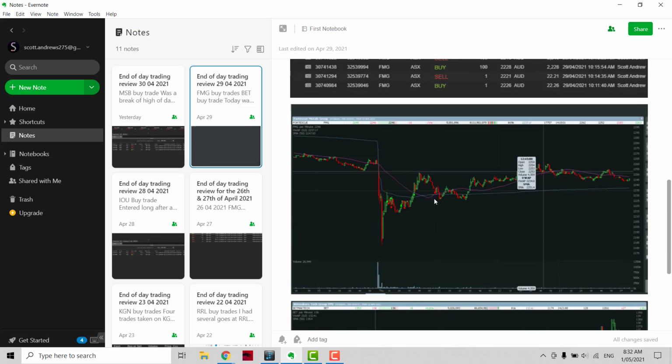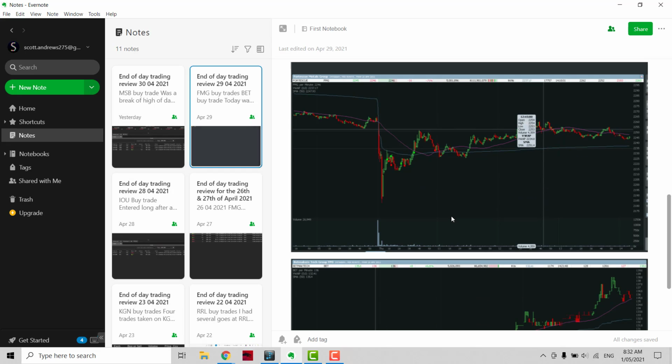Then we can go now to, let's just bring the chart up. So this is Fortescue here. This was on the back of their quarterly earnings, I believe. And this was actually a sell trade. I was selling into the pullback. No, I was buying into this, sorry.